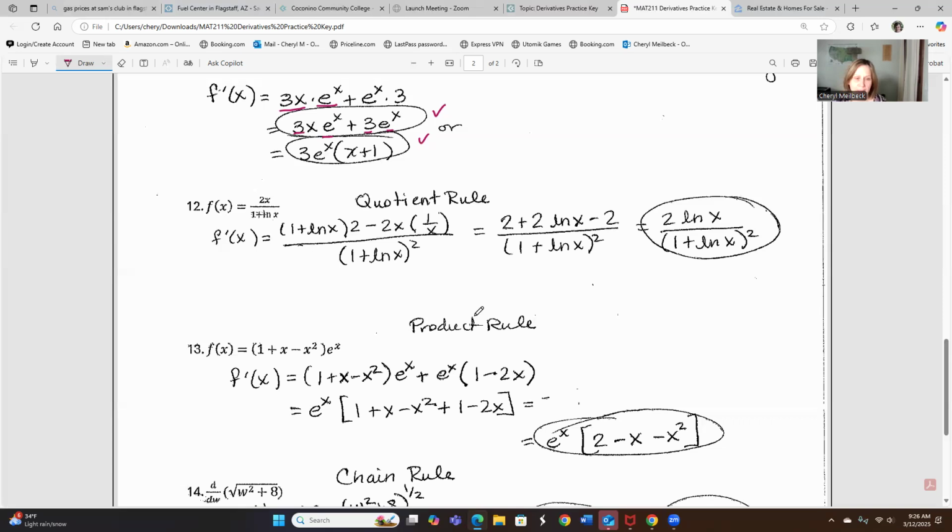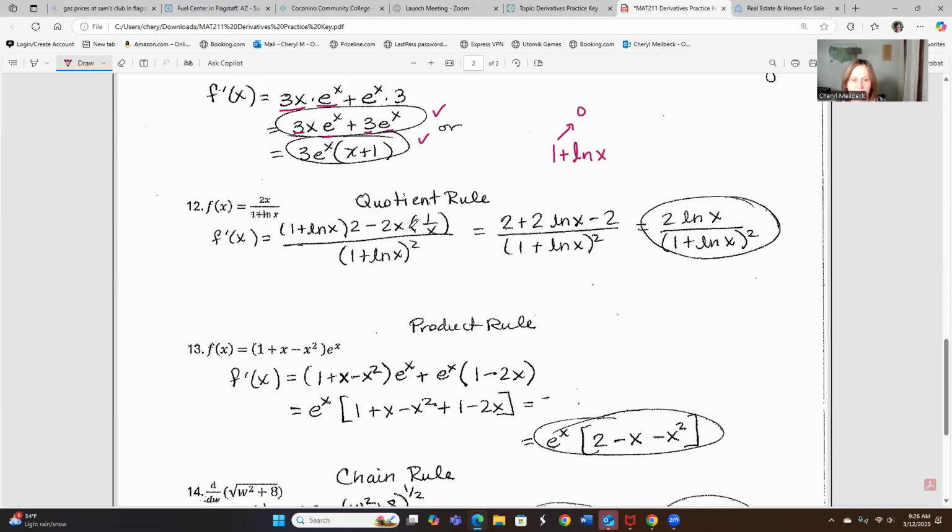On number 12, once again, we have the quotient rule. So the quotient rule tells us to use the bottom here, 1 plus natural log of x, times the derivative of the top, which would just be 2, minus the top, 2x, times the derivative of 1 plus natural log of x, which is the bottom. The 1 will become a 0, and the derivative of natural log of x is 1 over x.